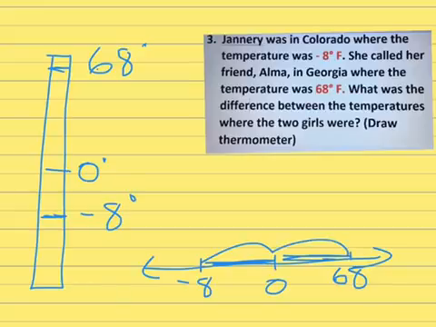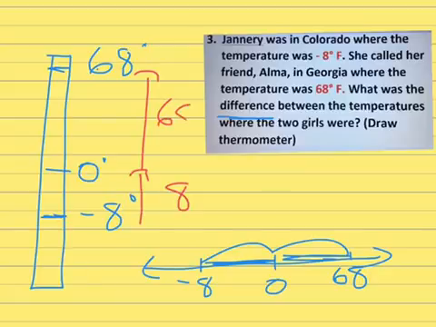All right, so we're going to look at our thermometer, and I am finding again the difference. I'm going to start at negative 8 and go up to 0. To travel to 0, I have to go 8 degrees. Now I'm at 0. To get to 68, I have to go another 68 degrees. So the whole distance is I travel 8 degrees to get to 0 and another 68 degrees to get to 68 degrees.